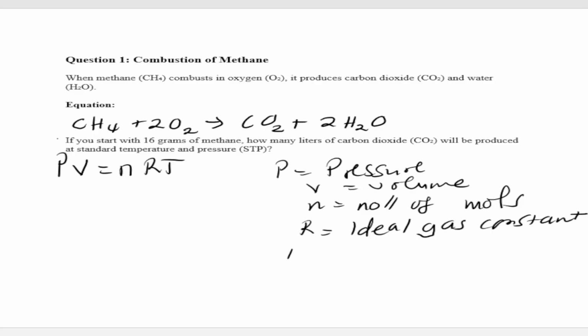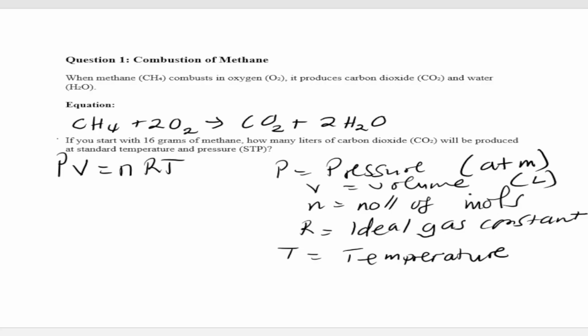Okay, and T is temperature in kelvins. Okay, so the units we normally use on pressure, we're gonna be using atmospheres, and volume, the units are liters. Moles are just moles, and the ideal gas constant is a constant.